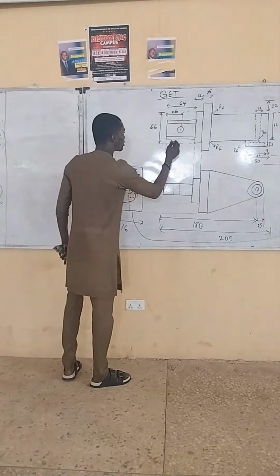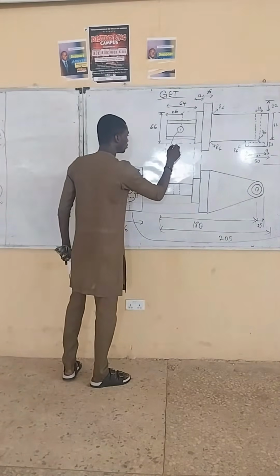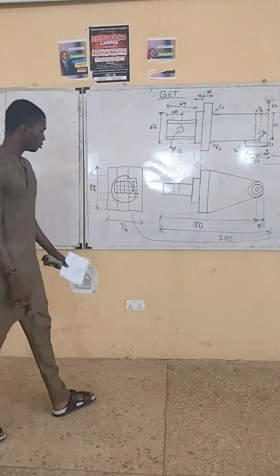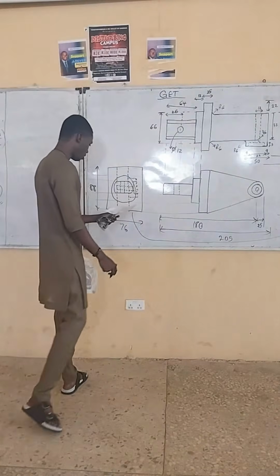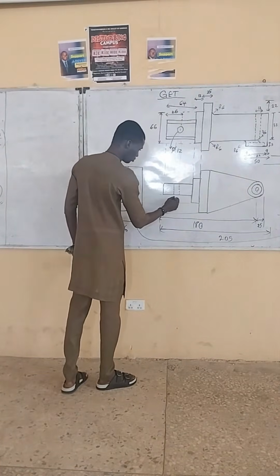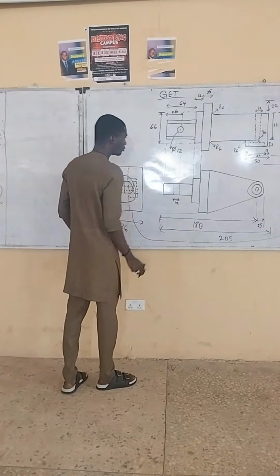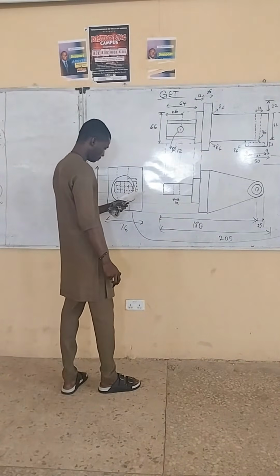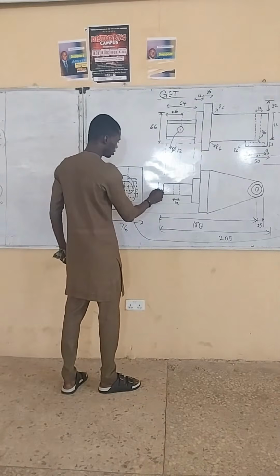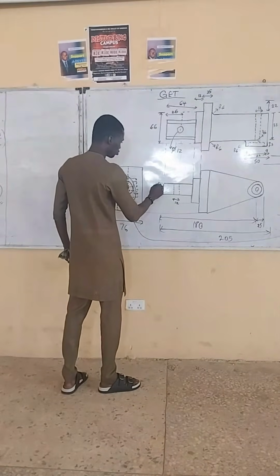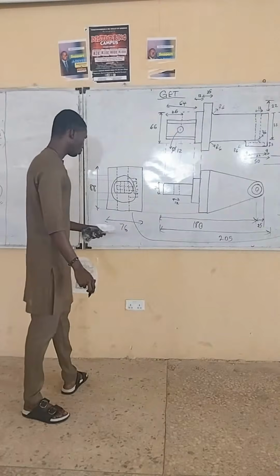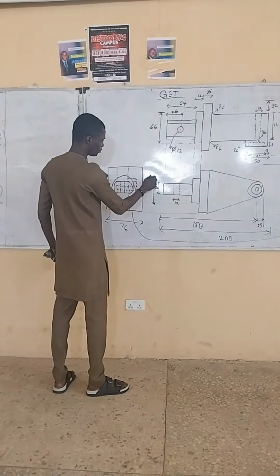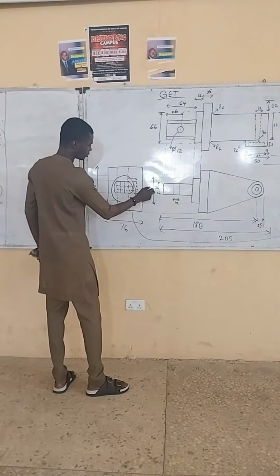I have the diameter of this one to be 12. Now to this place, I have here to be 12. I have this place to be 32. I have totally here to be 66.